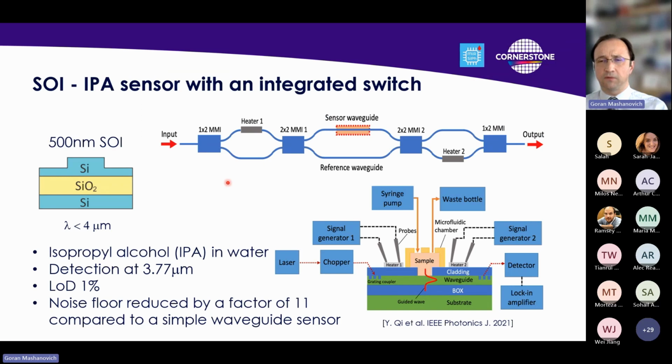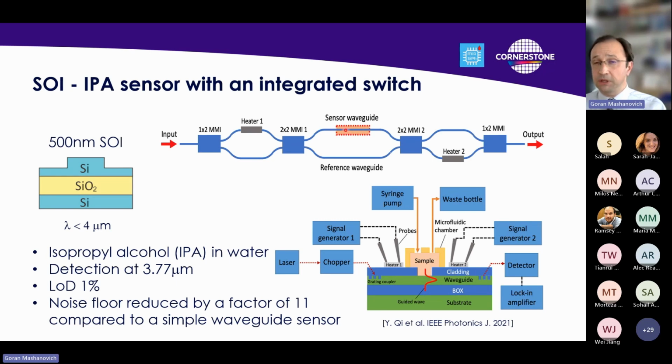See the work that one of our PhD students did a couple of years ago, where she detected IPA in water at the wavelength of 3.77 microns, where there is a large absorption peak. The limit of detection was 1%. But what was interesting is this switch here. So we have a sensor waveguide with open window.